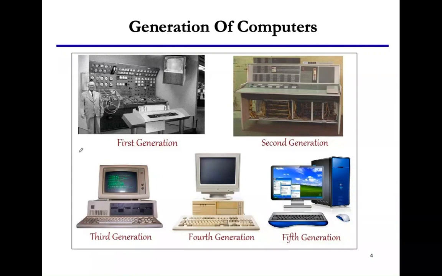So here are vacuum tubes. Here are transistors. And when it reached the third generation, it becomes ICs, we say integrated circuits.